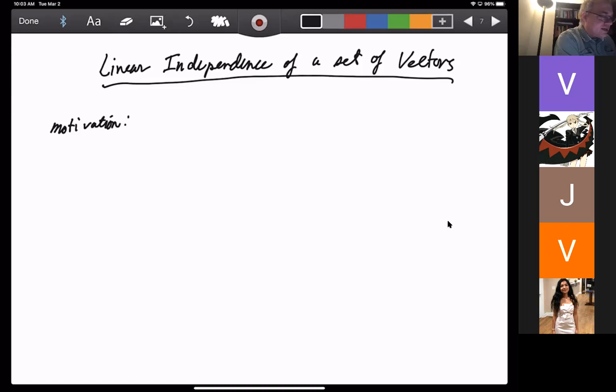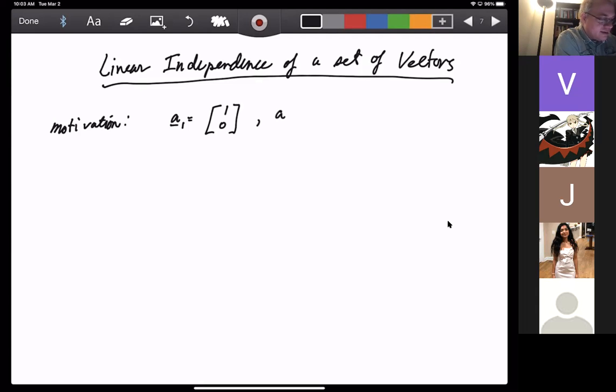And here's the motivation for worrying about linear independence. So let's say we've got a vector A1 that looks like this. So that's a vector in R2, the set of two component column vectors. And let's say A2 looks like this, and A3 looks like this.